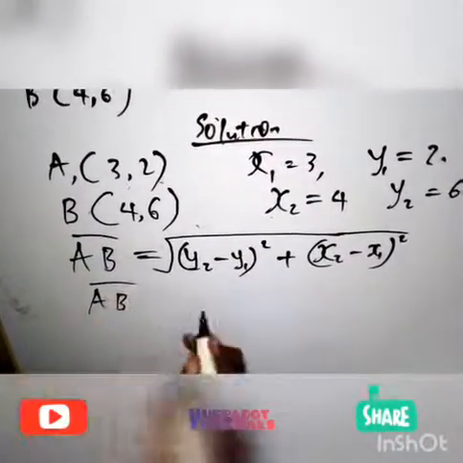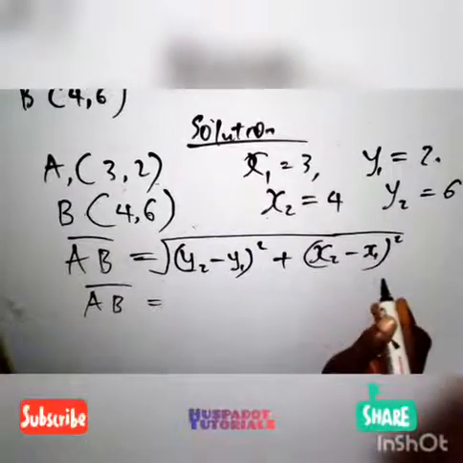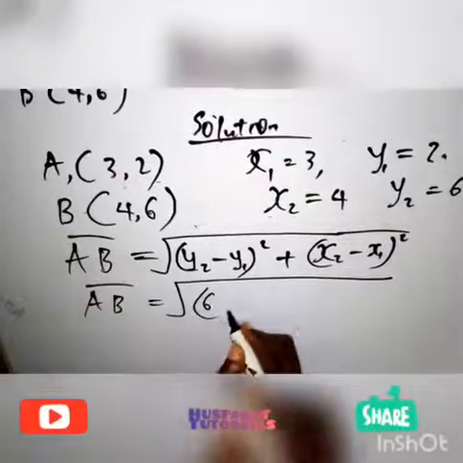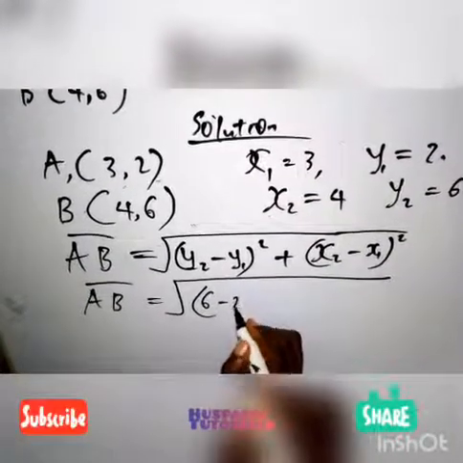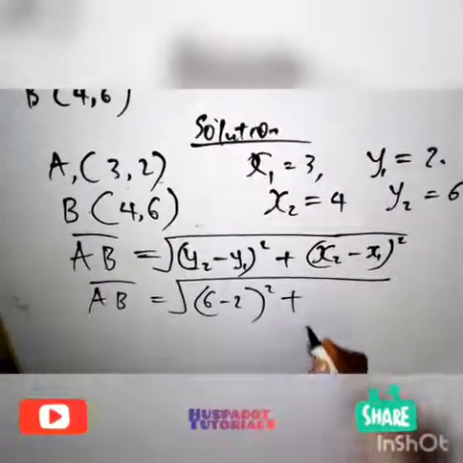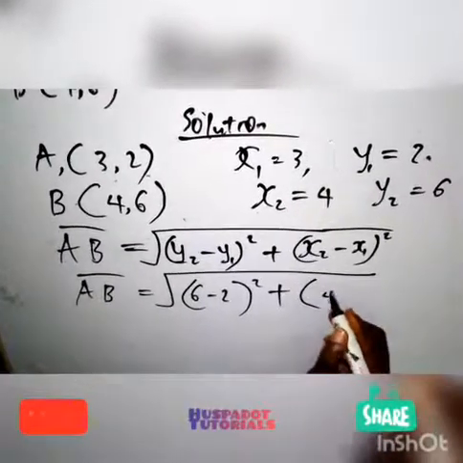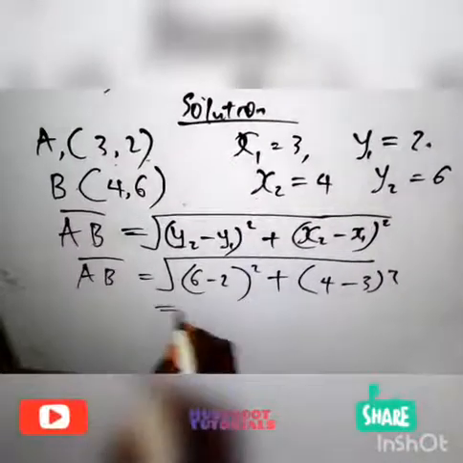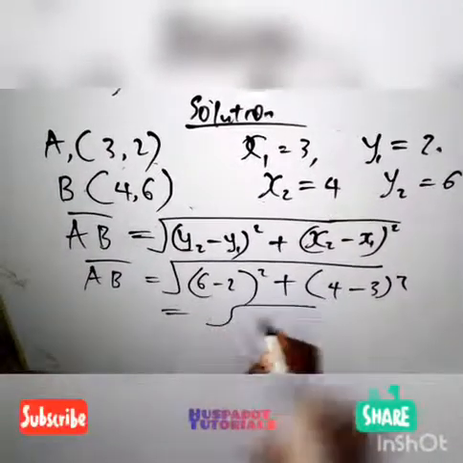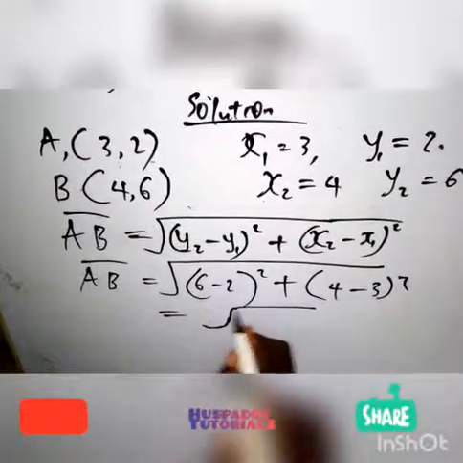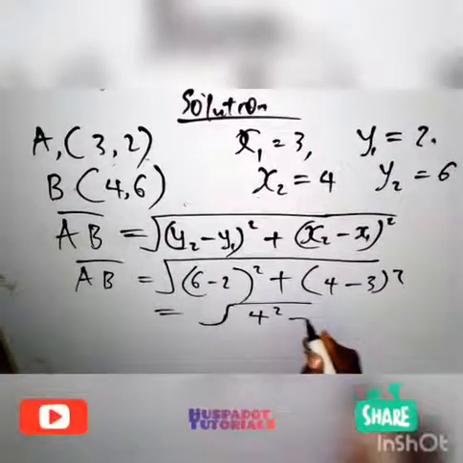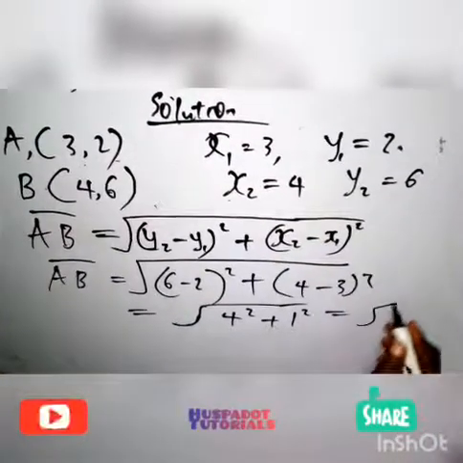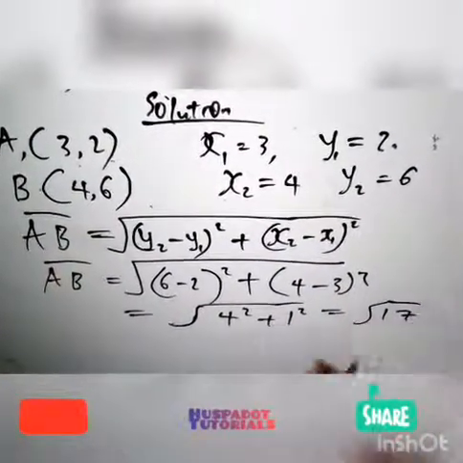Distance AB is the same thing as the square root of y2 6 minus your y1 2 all squared plus your x2 4 minus the x1 3 all squared, and that's the same thing as square root of 4 squared plus 1 squared, the same thing as square root of 17.